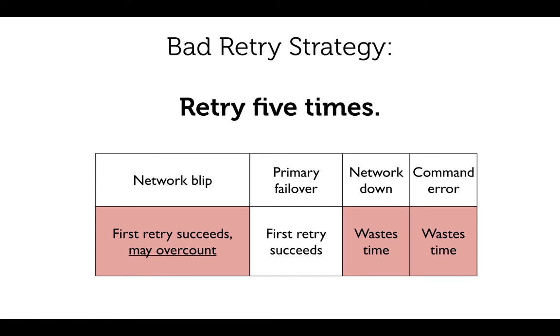So in the case of a primary failover, we actually execute the update exactly once. So that's the only correct case for the retry. Retrying 5 times, though, is a waste of code. One retry will succeed. In network outage, on the other hand, retrying more than once is just a waste of time.